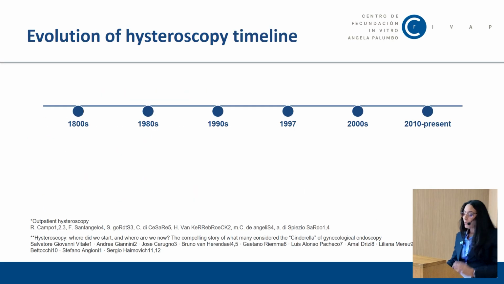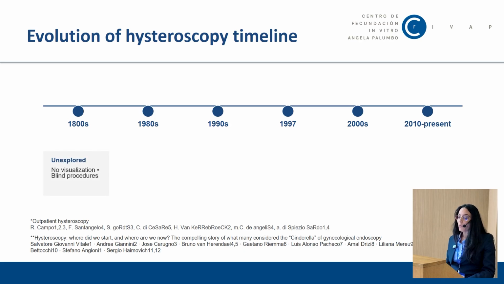Now, looking back at the history of hysteroscopy, in the past 200 years this procedure has undergone an extraordinary transformation. We moved from blind procedures like D&C to direct visualization of the cavity. Initially, the instruments had a large diameter and general anesthesia was needed.